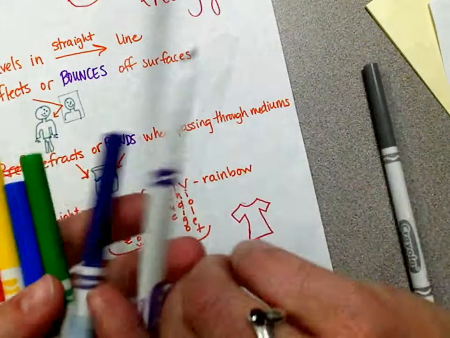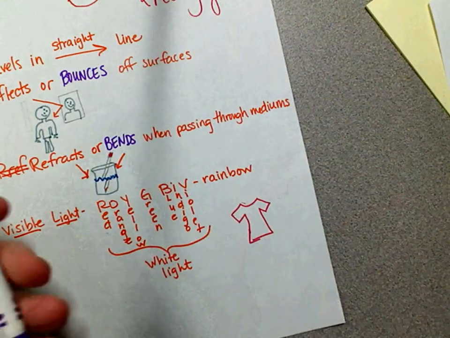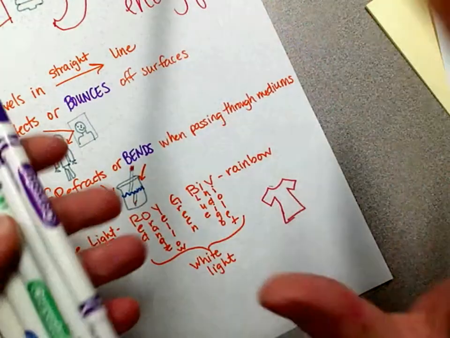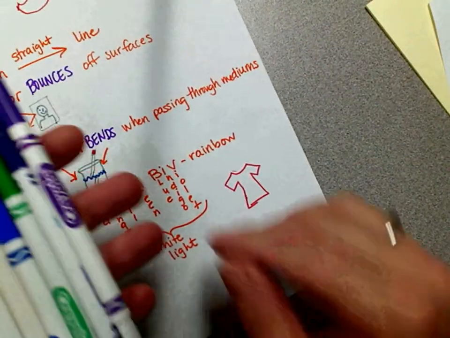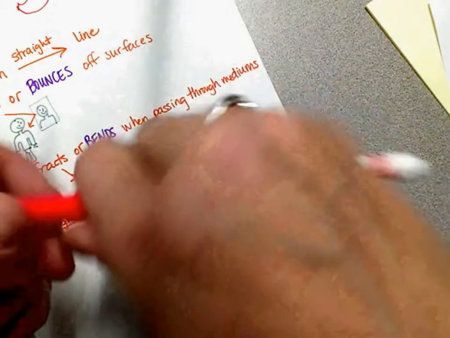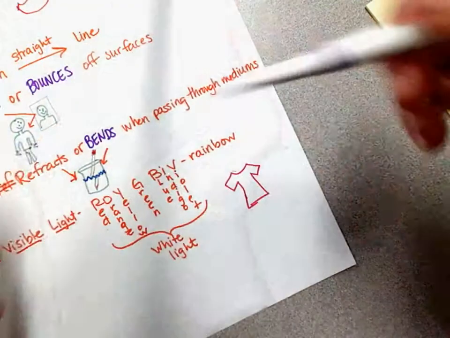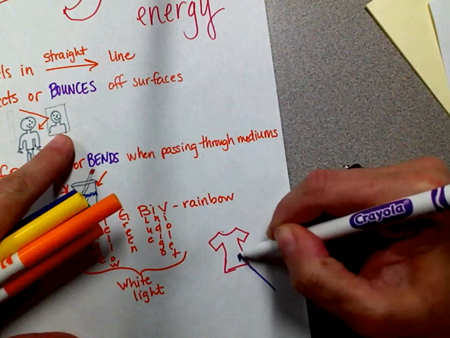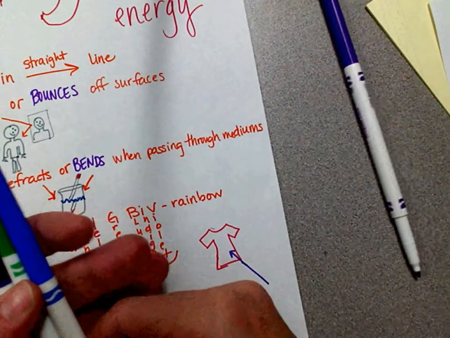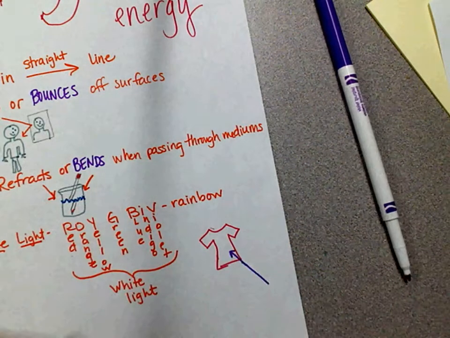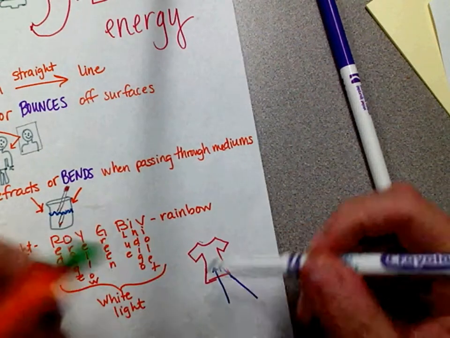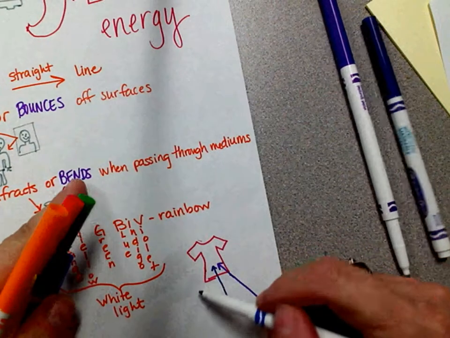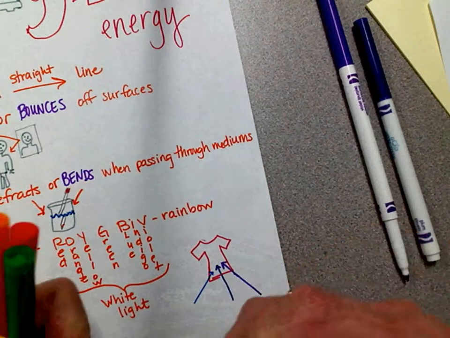So what's happening? All that white light is shining, remember? Actually, let's go backwards. I've got purple shining on it, right? Purple is going to go into that shirt. Then I have indigo shining on it. Indigo is going to go into that shirt. Then I have blue shining on it. Blue is going to be absorbed into that shirt. Okay?